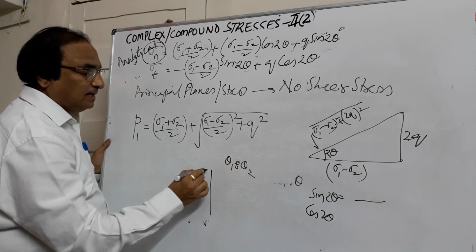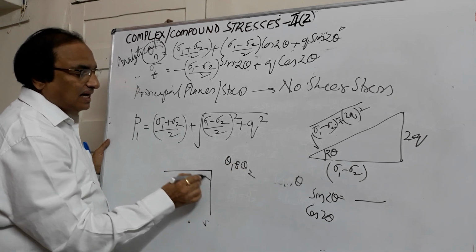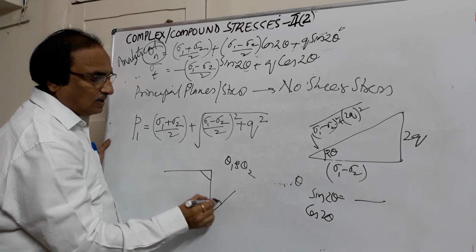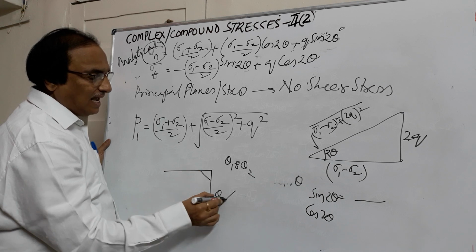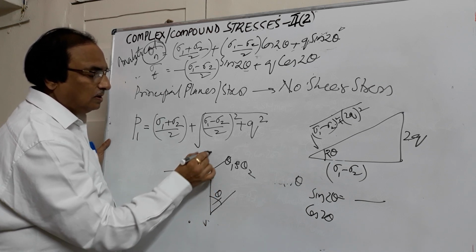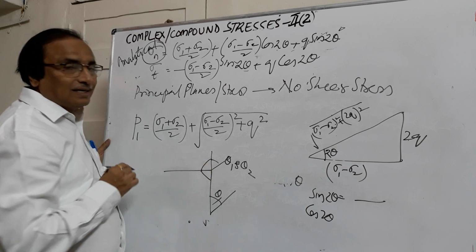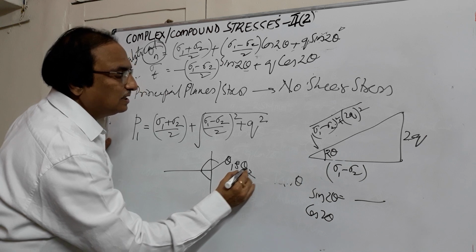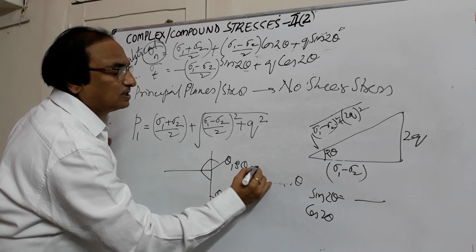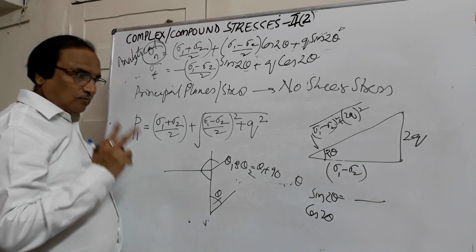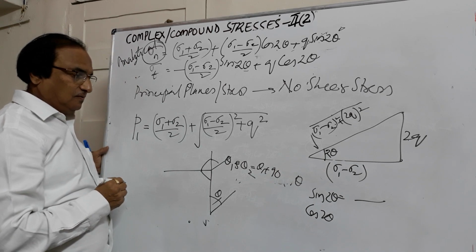If there is one plane, there will be another plane making an angle of 90 degrees difference. So if this angle is theta 1, then the other plane will be at theta 1 plus 90 degrees. So there will always be two planes on which the principal stresses will be acting.